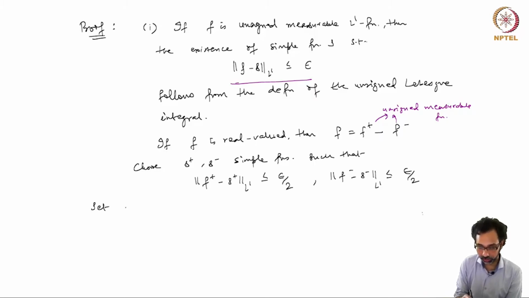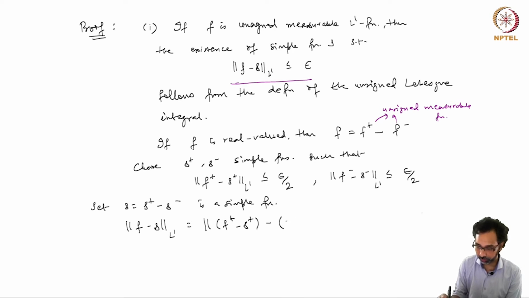And then if we set s as s plus minus s minus, then this is a simple function, and we have the L1 norm of f minus s is equal to the norm of f plus minus s plus minus f minus minus s minus.